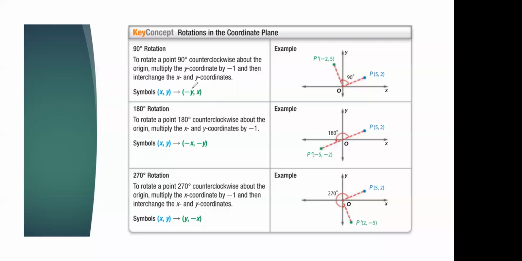If you have a 90-degree rotation, you're going to multiply the y coordinates by -1 and then interchange the x and y coordinates. If you have a 180-degree rotation, you multiply the x and y coordinates by -1. And for a 270-degree rotation, you're going to multiply the y coordinate by -1 and then interchange the x and y coordinates. Okay?